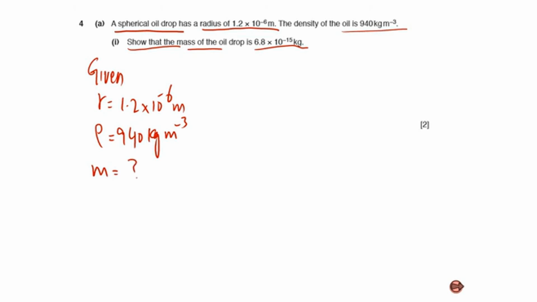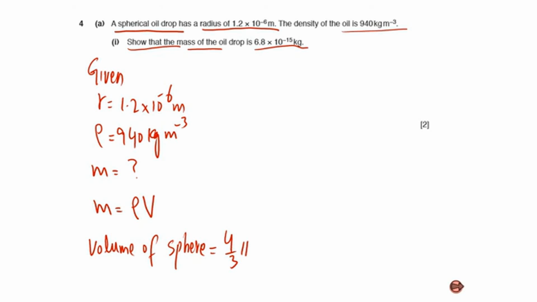Now, the first thing we need to find out is the relationship between mass and density. So simply we understand mass is equal to density times volume. So now the question is how we can find volume. The volume of a spherical shape, or simply we can say sphere, is equal to 4 by 3 pi r cube.